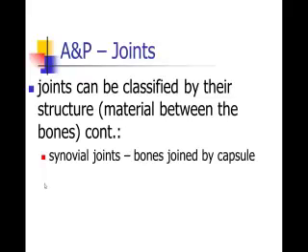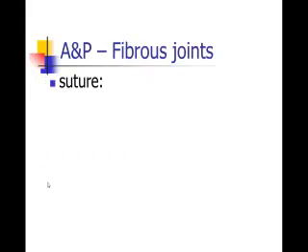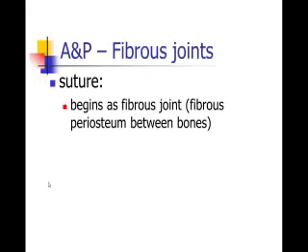And the synovial joints have three components. The bones are joined together by a joint capsule, and they all have, as we'll see, articular cartilage, synovial membrane, and the joint capsule. So let's start with some of the fibrous joints.